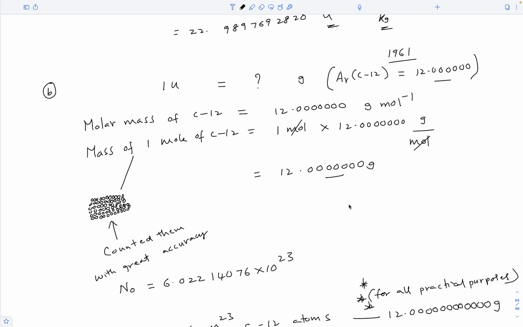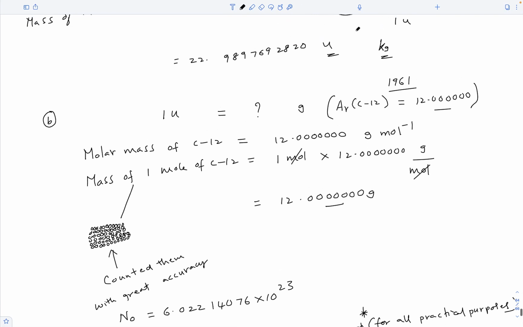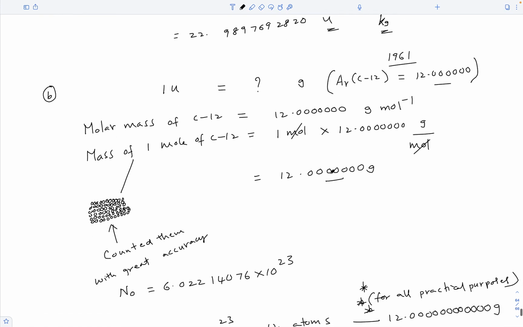What if we could experimentally measure the total number of C12 atoms present in 12 grams of carbon very accurately? Great, that would solve our problem. And that is what we did. But because C12 was not workable, we instead measured the number of atoms present in 1 mole of silicon 28.